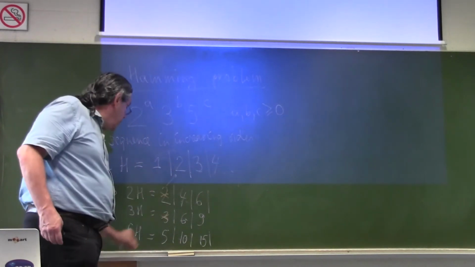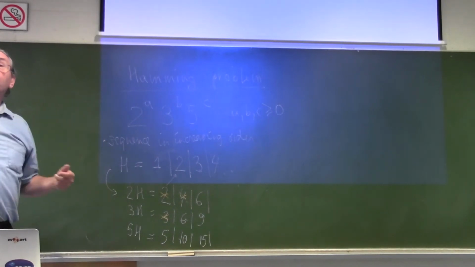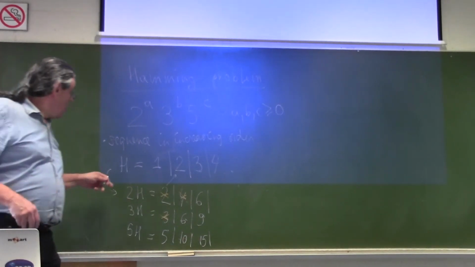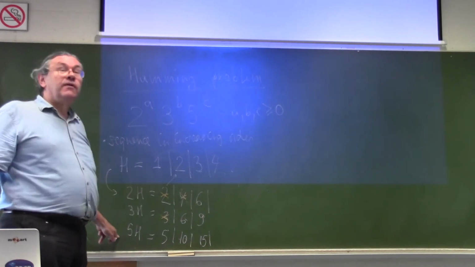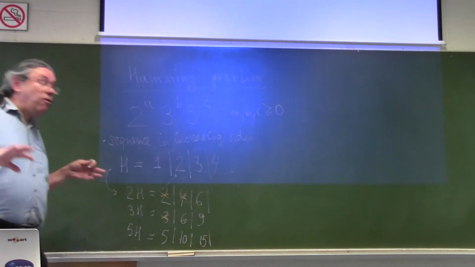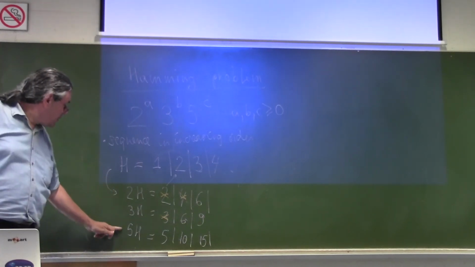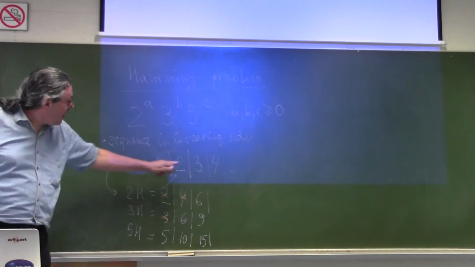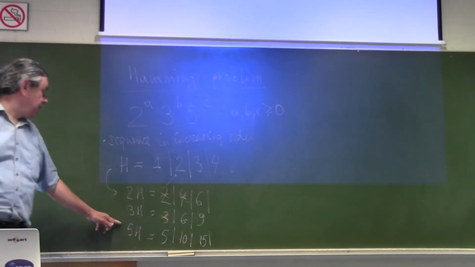You see how it works, huh? So we are generating in a kind of recursive way. We start from the beginning of H. We find these three sequences, which are all the possible next elements. All the possible next elements will be either 2 times the previous element, or 3 times or 5 times the previous element.